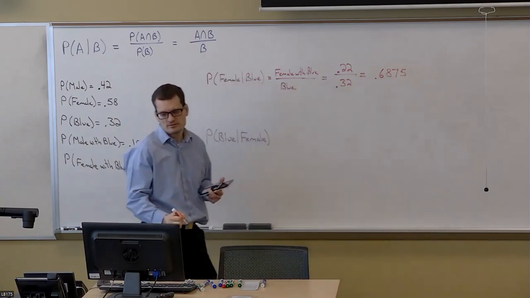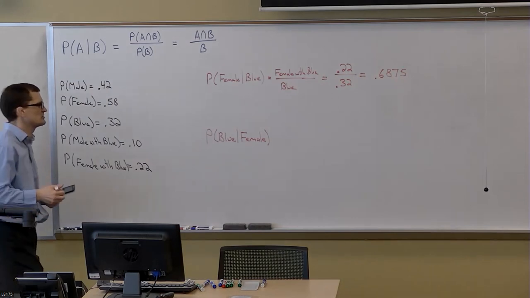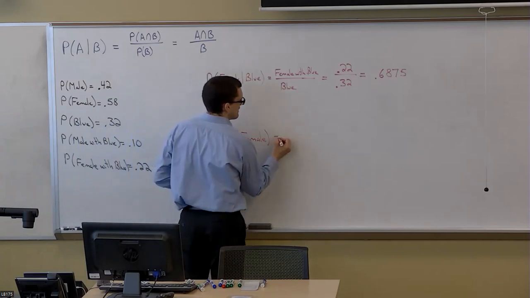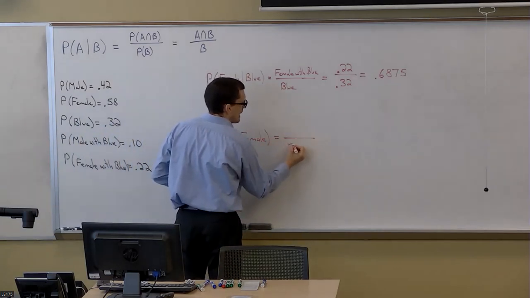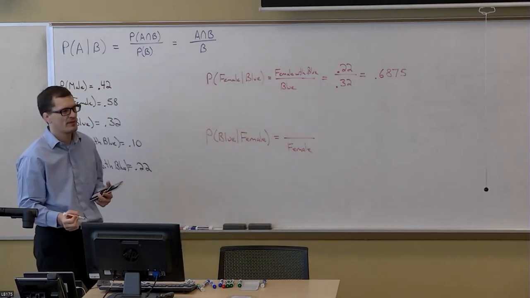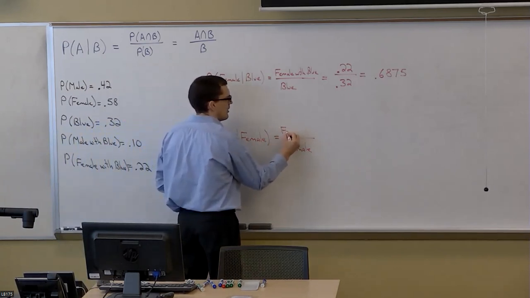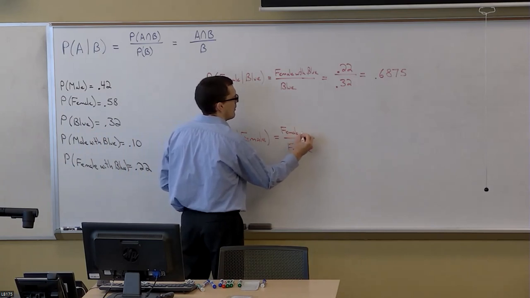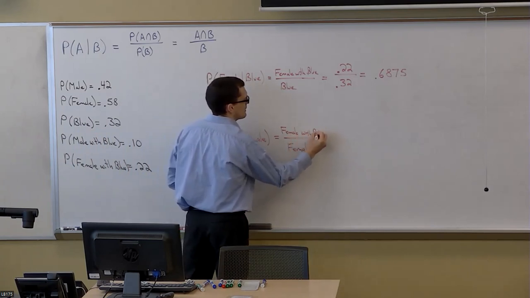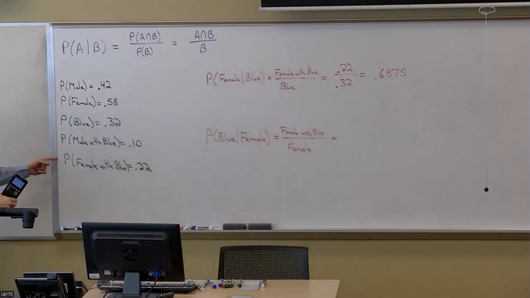That's exactly it, but if you had to round to 4 decimal places, you do that. The blue eyes given female, in the denominator, since you're given female, you're picking out of the female group. Those females with blue eyes is going to be my numerator of the fraction. Females with blue eyes, once again, is 0.22.